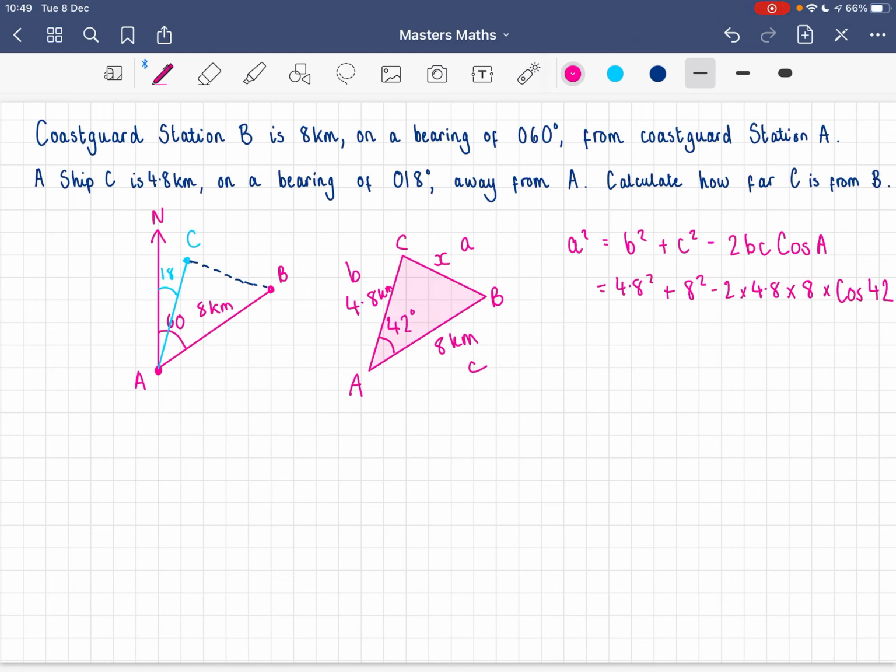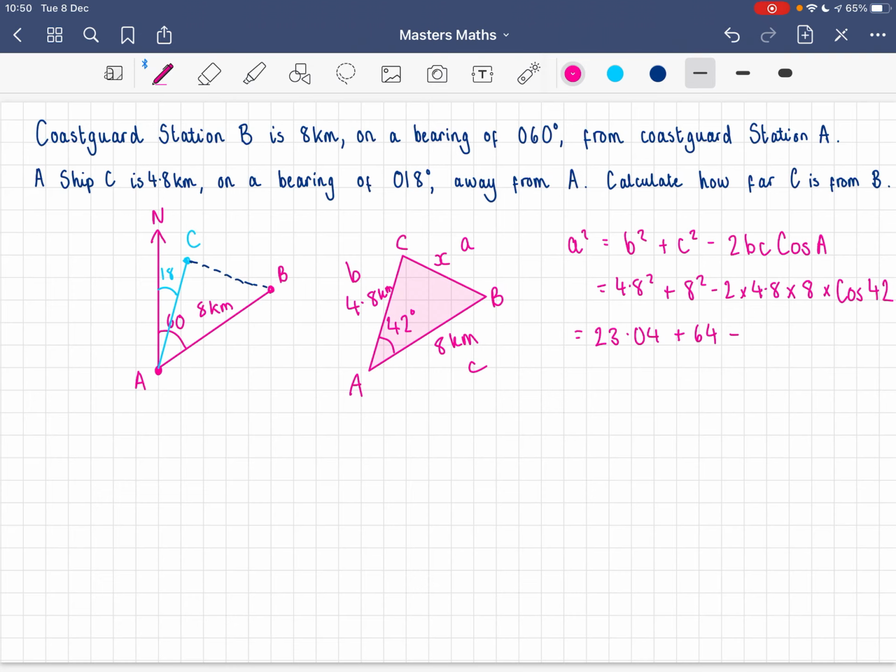I'm running out of space. Work out some of that. So start to simplify it a little bit. So I have 4.8 squared is 23.04 plus 64 is 8 squared minus 2 times 4.8 times 8 times cos 42.